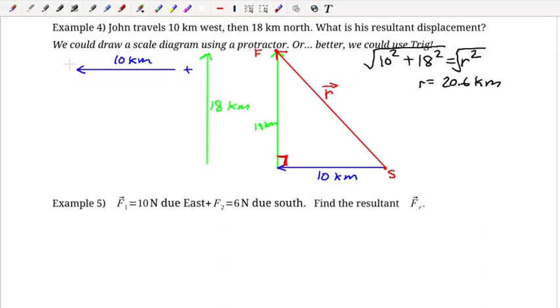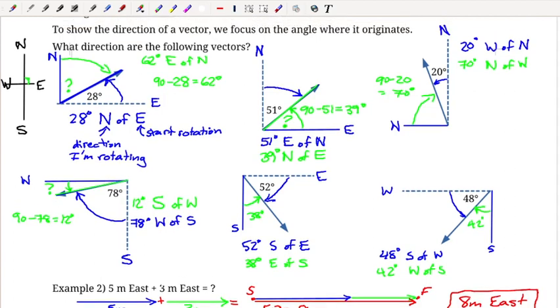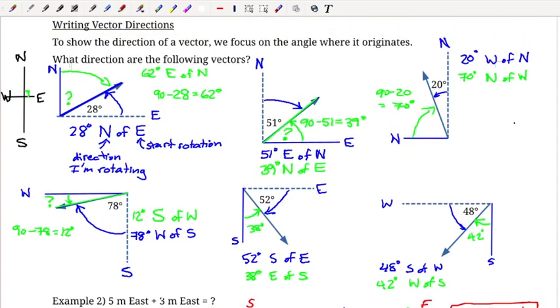So magnitude 20.6. Direction. Well, what direction am I going in? Which angle am I going to want? Now, if I look back at what we did yesterday, you'll notice that all the angles that we were interested in are at the tail of my vector, always where my vector starts, where it originates.